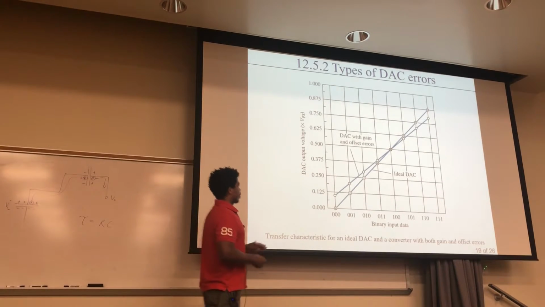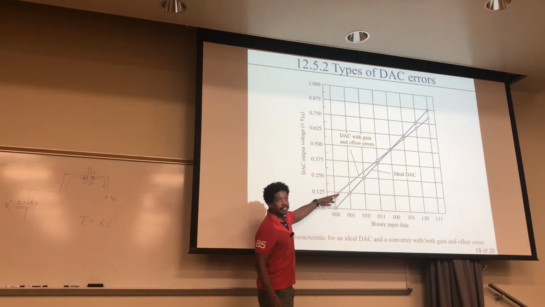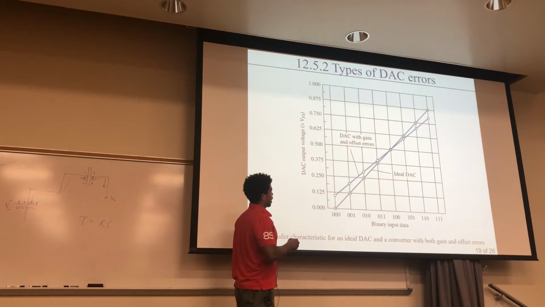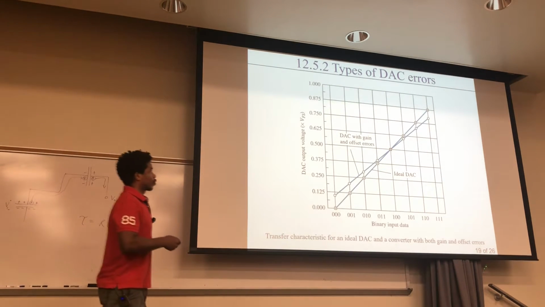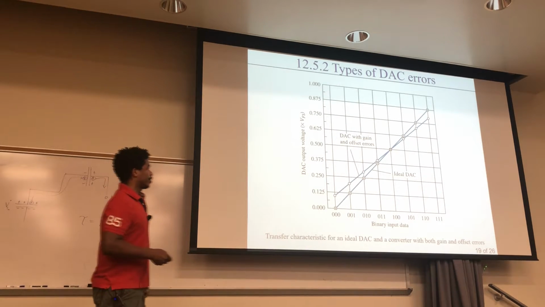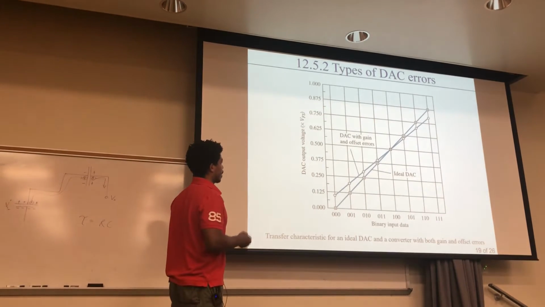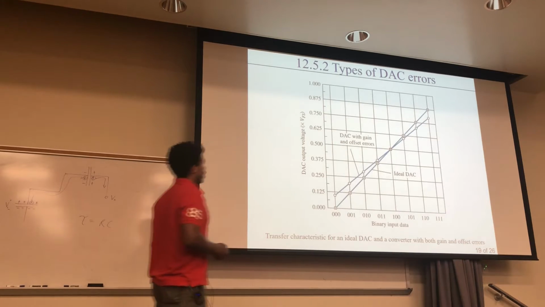But because there's a difference in offset and also a difference in the amplification, you could get something slightly like this. So here's one source of error. Both gain and offset errors can cause that.